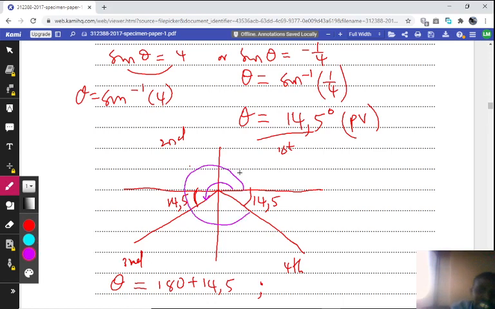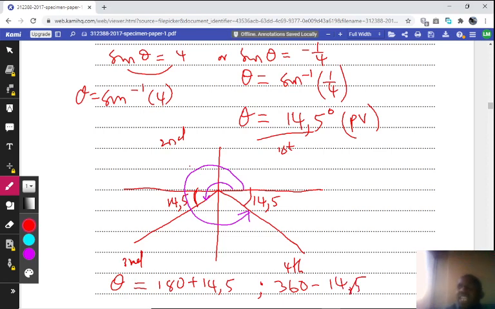This is the second solution. What's the size of this angle? It's 360 minus 14.5 degrees. There are no other angles in this case.